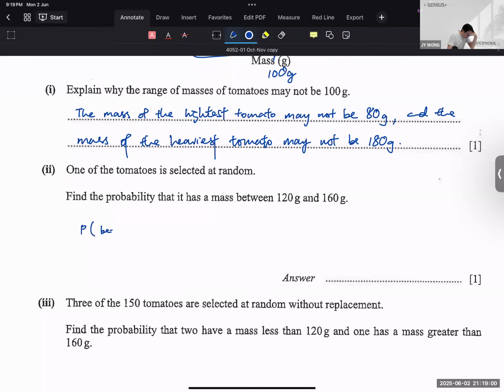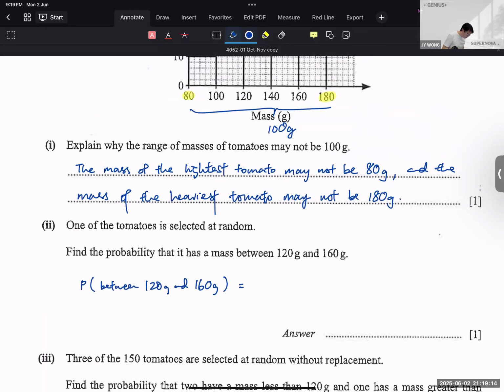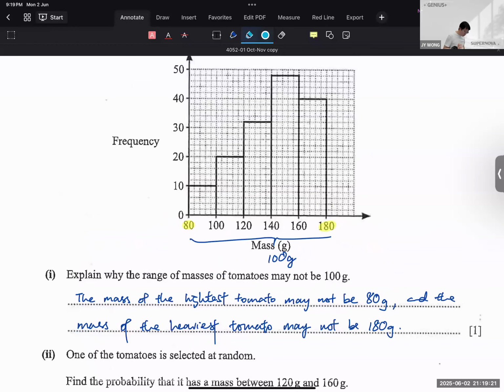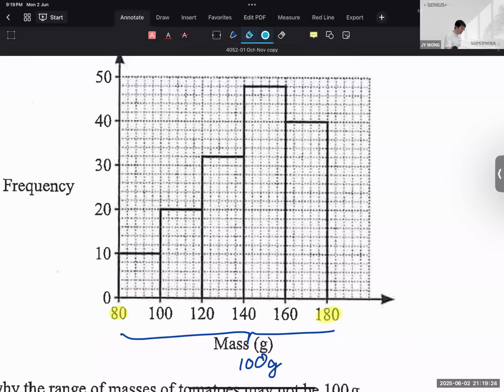P between 120 to 160. 120 to 160 is which two class intervals, Kimi? A, B, C, D, E. Which one? 120 to 160.